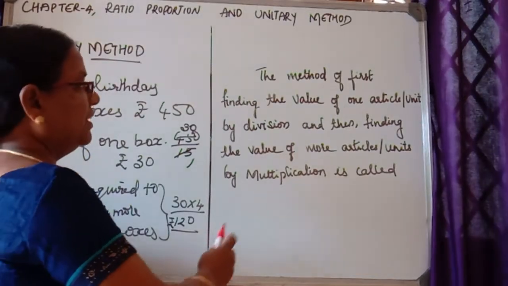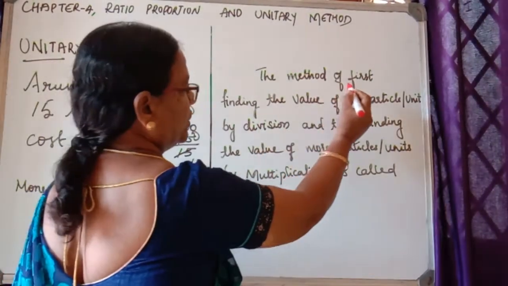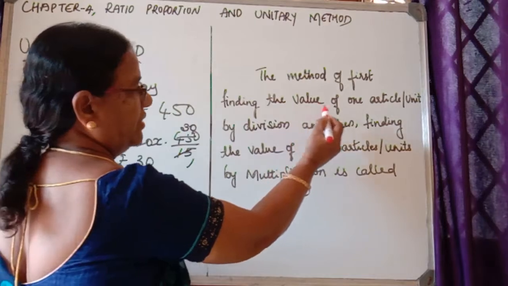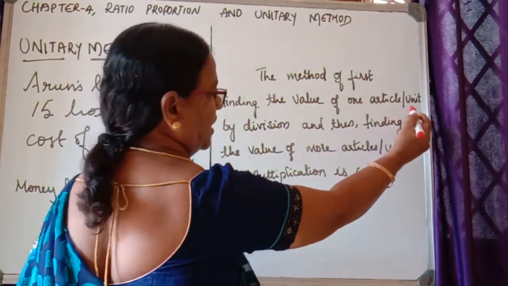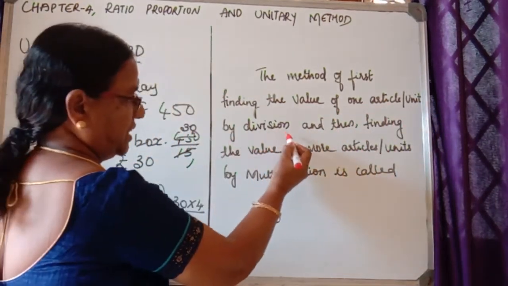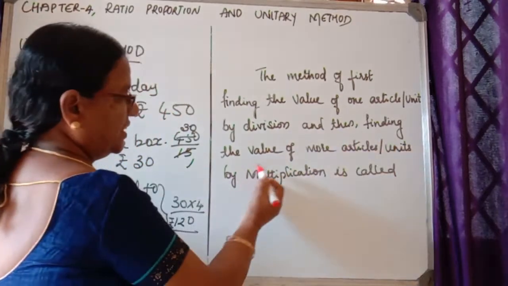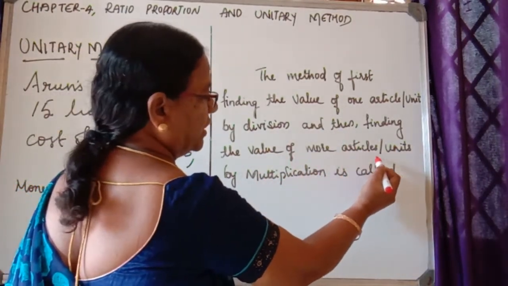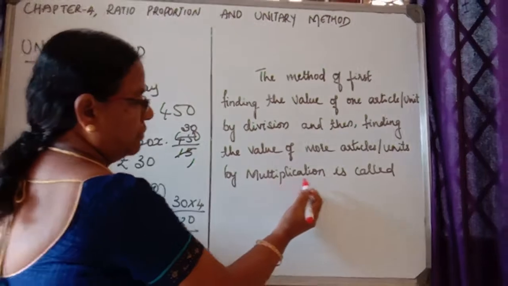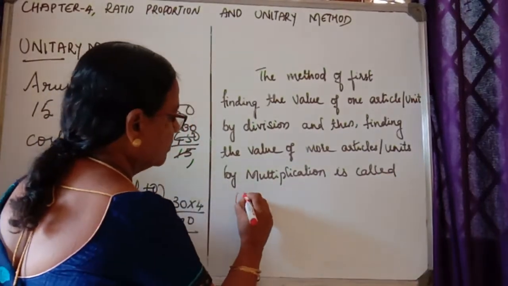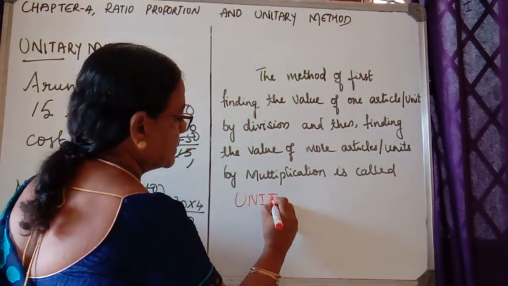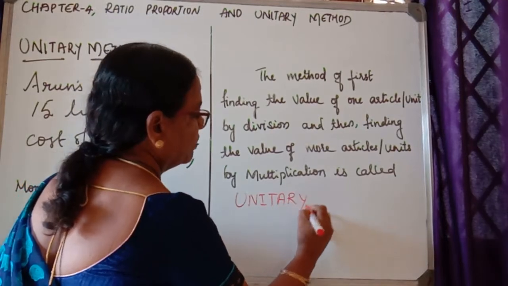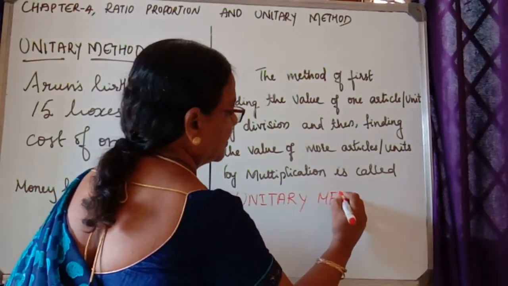From this example, we conclude that the method of first finding the value of one article or unit by division and then finding the value of more articles or units by multiplication is called the unitary method.